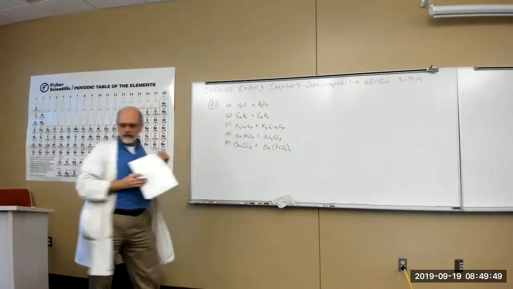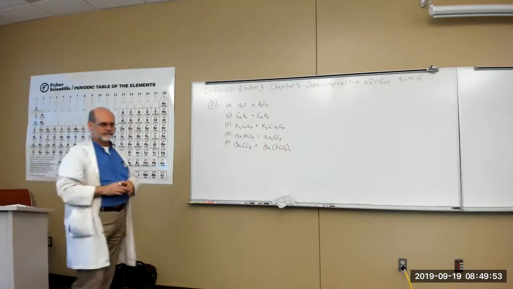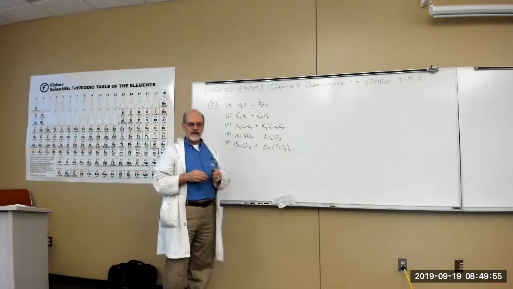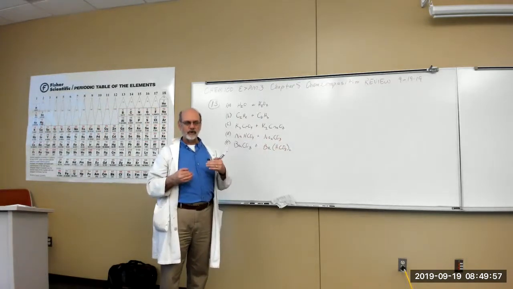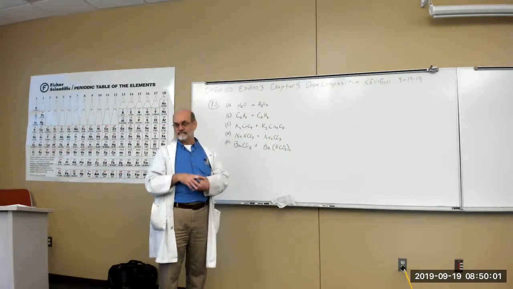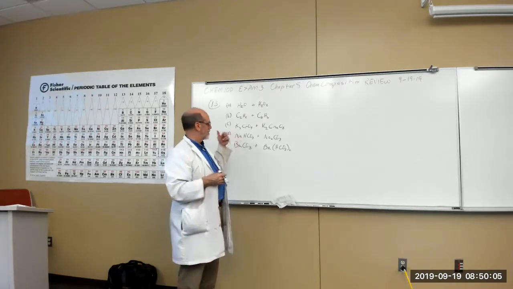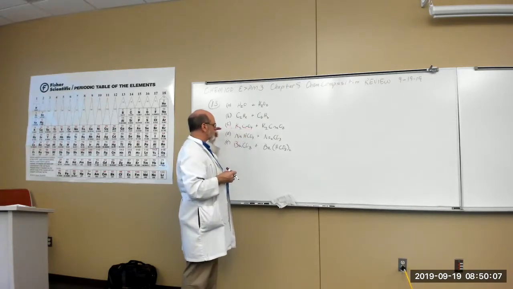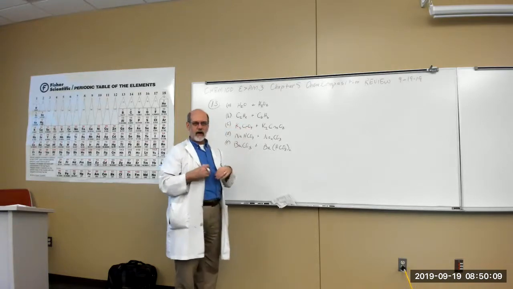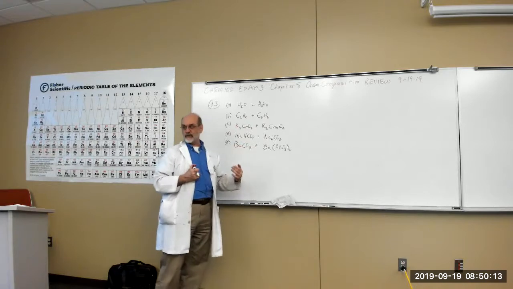Okay, empirical formula. Let's go back to the definition. What is the empirical formula? It's the simplest whole number ratio of atoms in a compound. So if you have subscripts on your elements and you can divide through by a common denominator and get a smaller number, then that's not empirical.